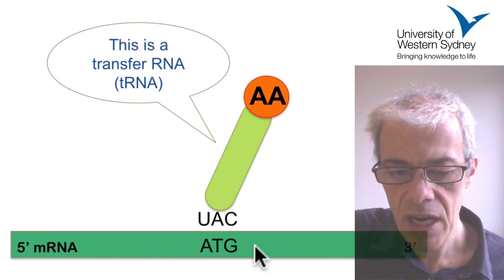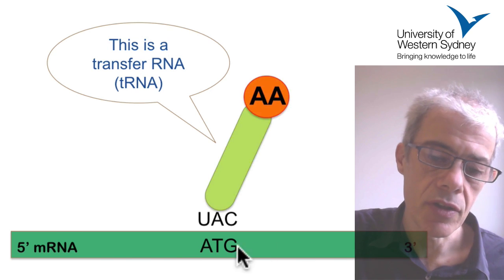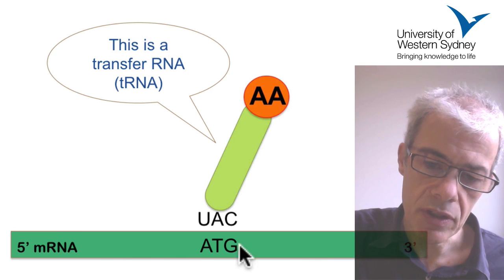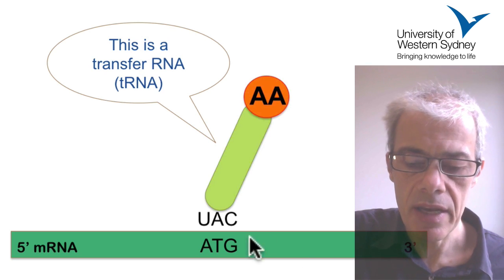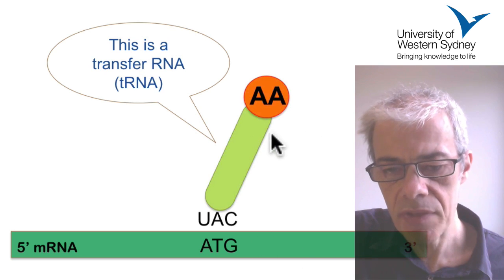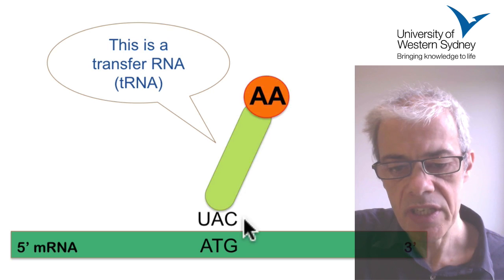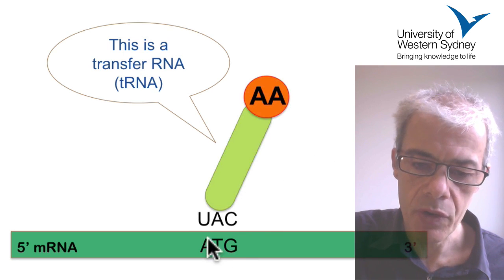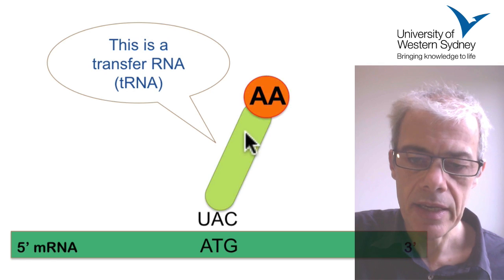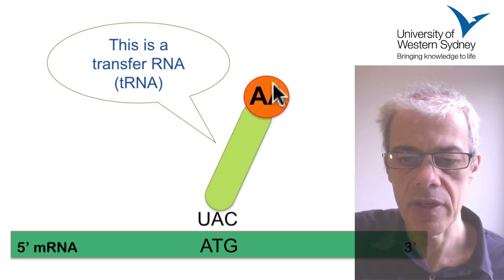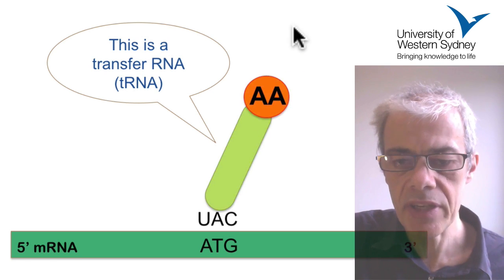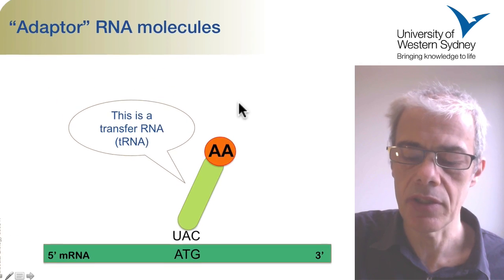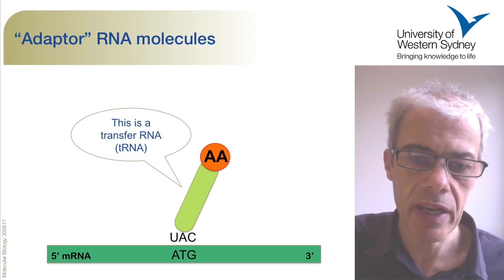So we have the messenger RNA, which contains the sequence, and then we have the transfer RNA, which has an anticodon so that each codon can be read, and each transfer RNA is attached to an amino acid, and it brings the amino acid into the process of either initiation or elongation.